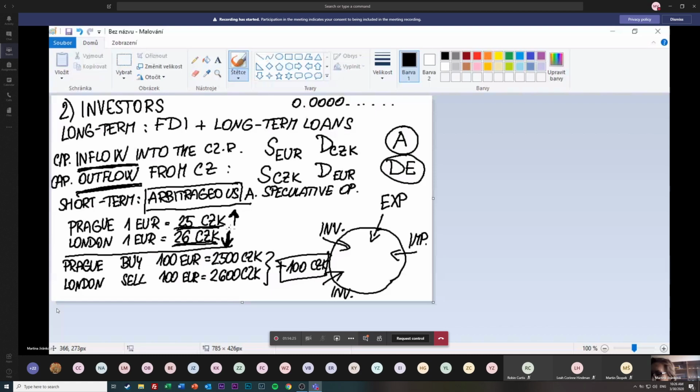But in Prague, everybody starts to do it. That means the Czech crown in Prague would depreciate. In London, everybody wants to buy Czech crowns. In London, the Czech crown will appreciate. I would like to go back to the Christmas tree. The same thing would happen, because if I buy Christmas trees in the suburb for 500 and all people start to do the same thing, the price of Christmas trees in the suburb will be higher than 500.